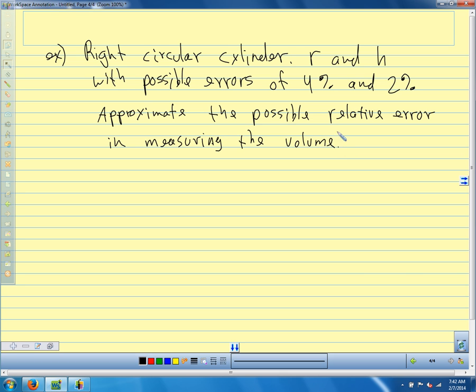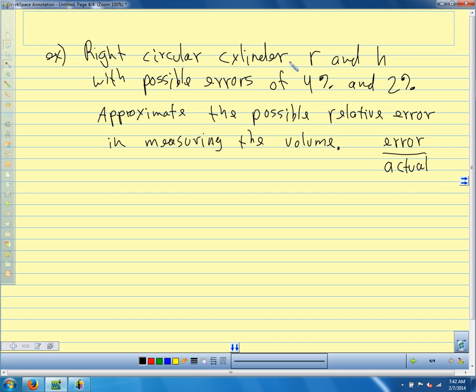Relative error, did anyone help me out by telling me what we mean by relative error? Relative error means the error over the actual. So we want to find our error and divide that by our actual measurement. That's what we mean by relative error.